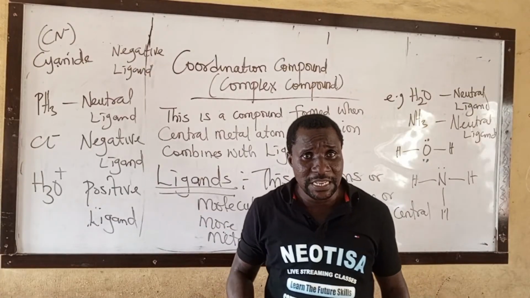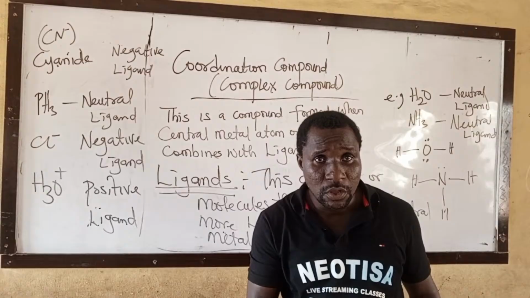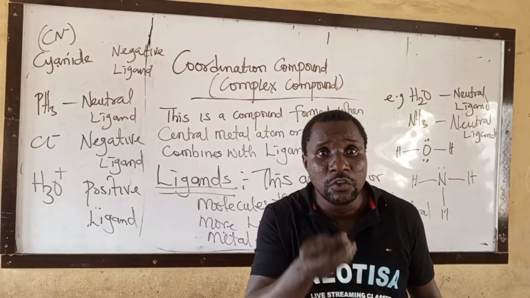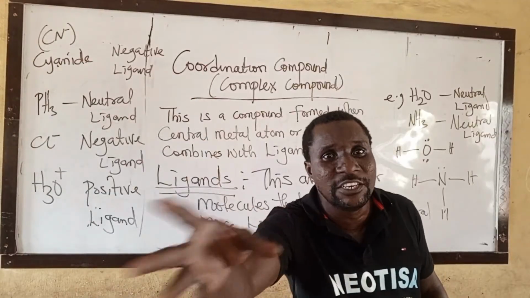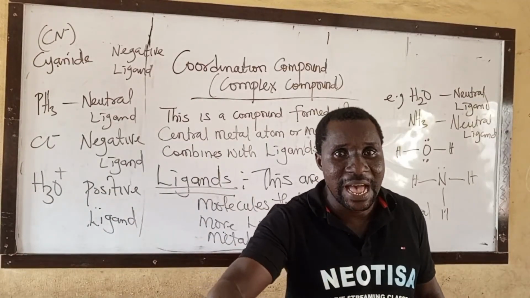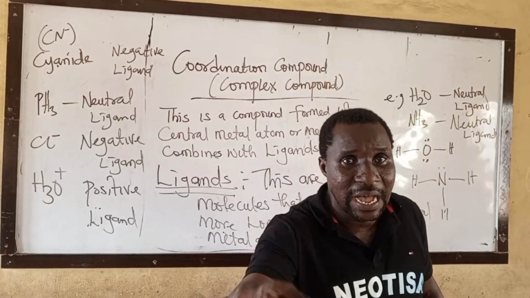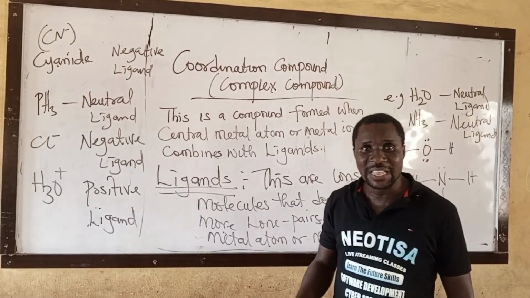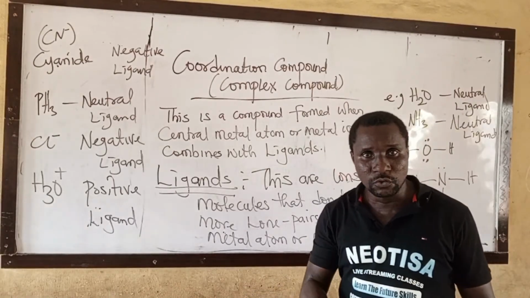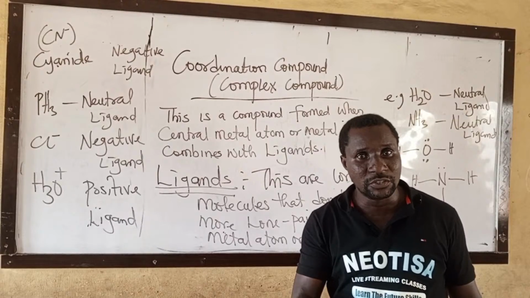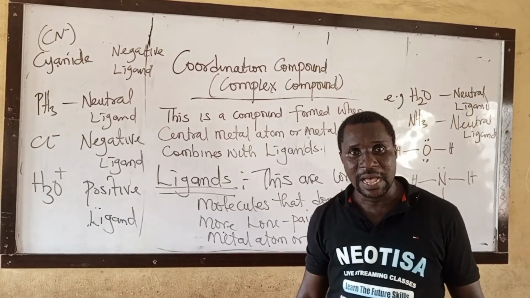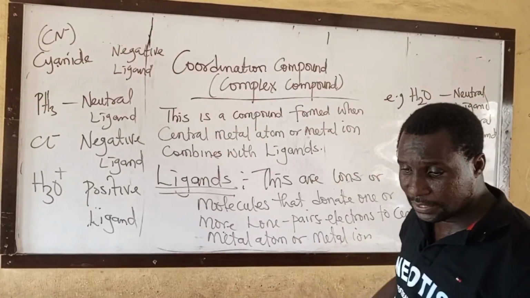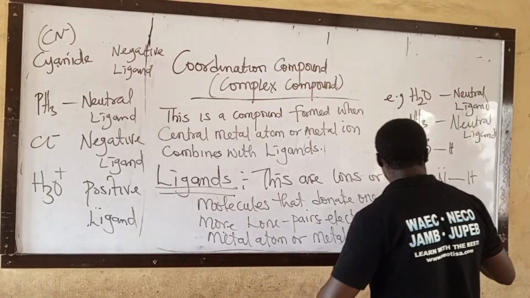Ligands are ions or molecules that have excess lone pair electrons to donate to the central metal atom or central metal ion. Take note of that.